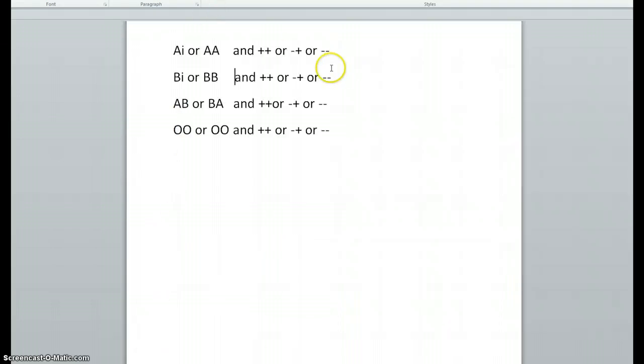Okay, so here's the possibilities. The way that Mr. Anderson and others designate it, you can be AI, and I simply means O. It means you don't have the other one. So when the sperm and the egg unite, you can be AI or you can be AA. And at the same time, you could be either plus plus or minus plus or minus minus. If you are plus at all, you're plus.